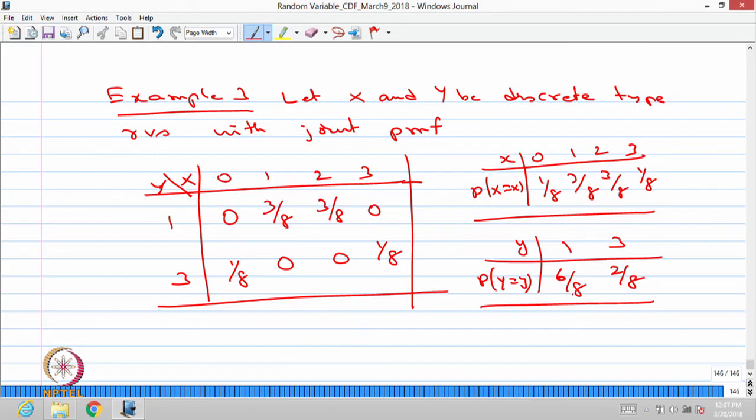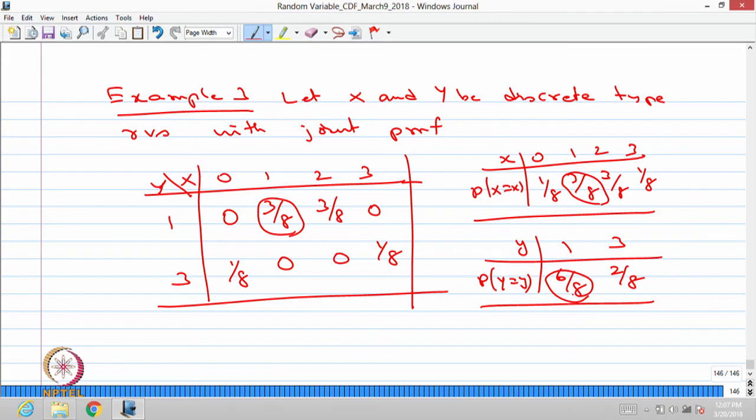Now, you can verify whether these two random variables are independent. Suppose x takes the value 1 and y takes the value 1, that probability is 3 by 8. If you take the product of 3 by 8 and 6 by 8, that is not equal to 3 by 8.